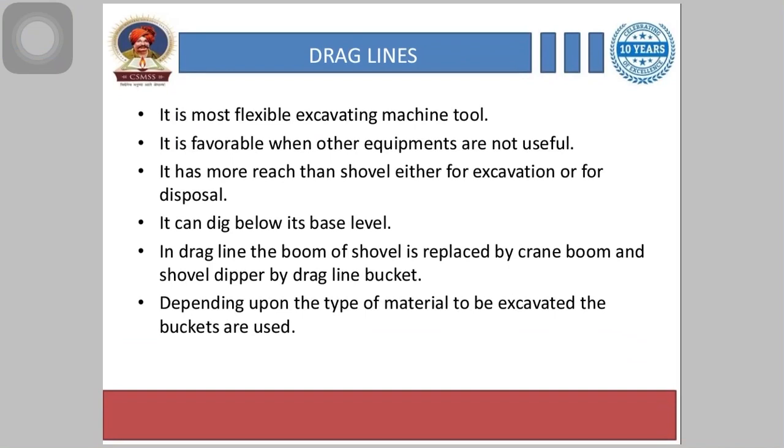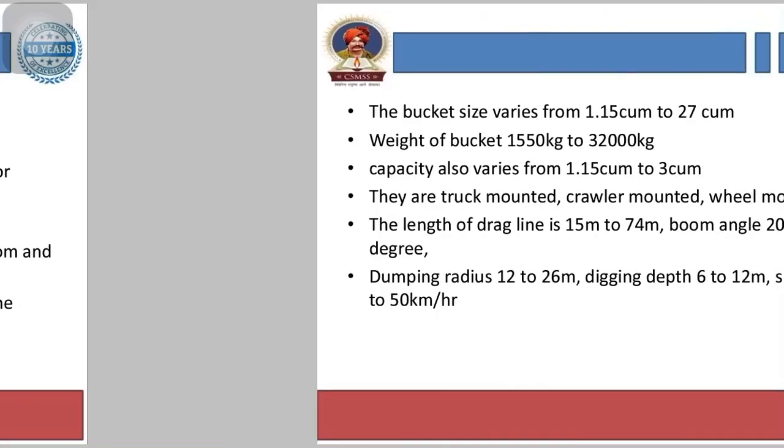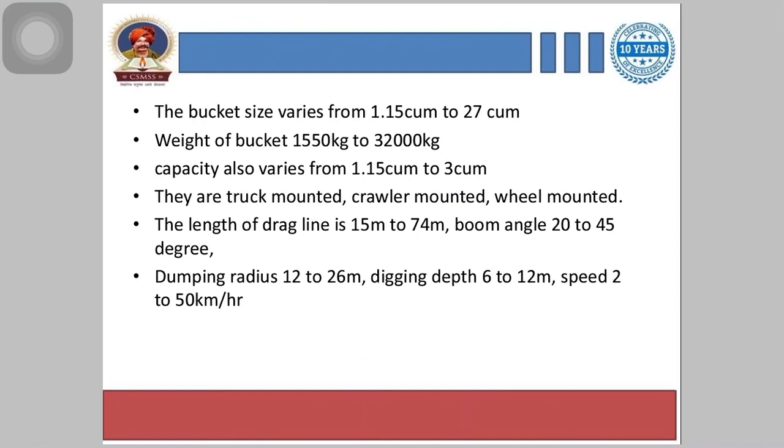In a drag line, the bottom of the shovel is replaced by a crane boom and the shovel dipper by a drag line bucket. Depending upon the type of material to be excavated, the buckets are used. The bucket sizes are given here; the weight of the bucket and the capacity vary, between 1.15 meter cube to 3 meter cube.